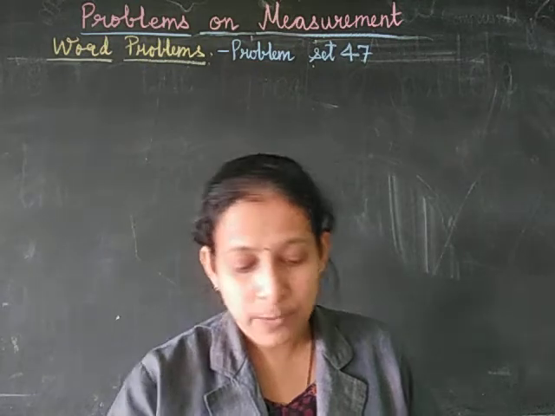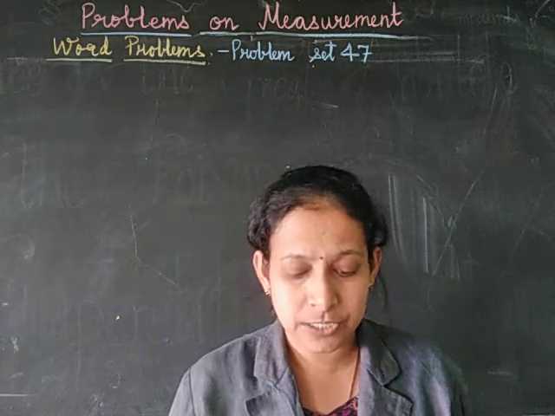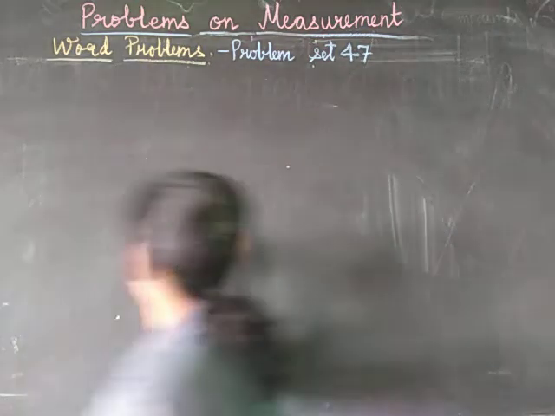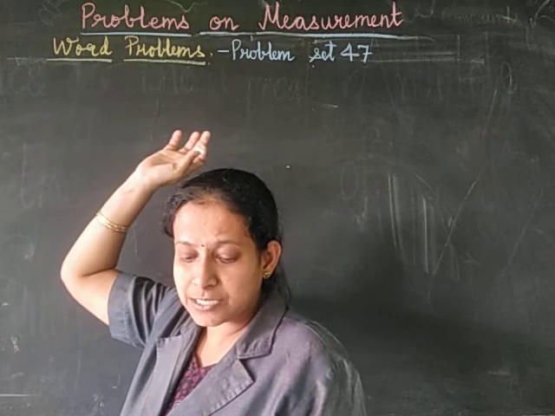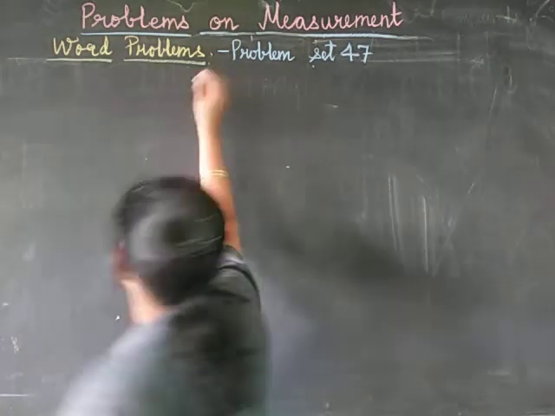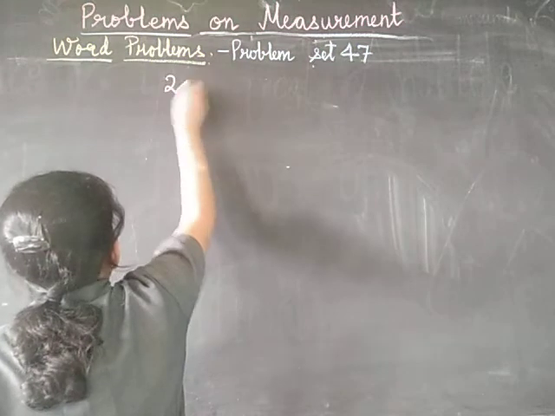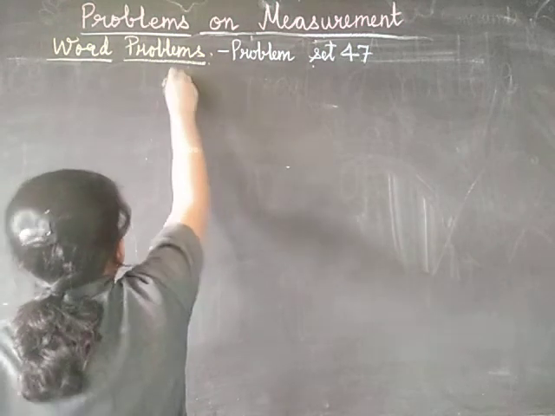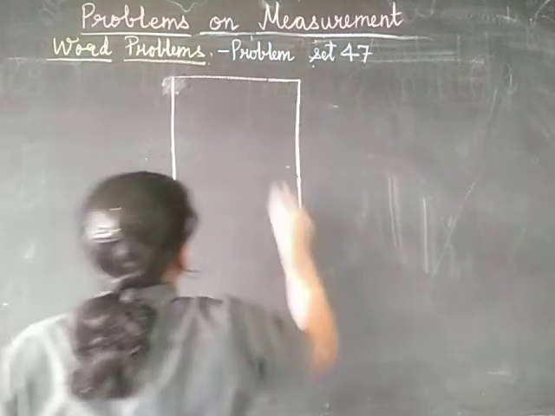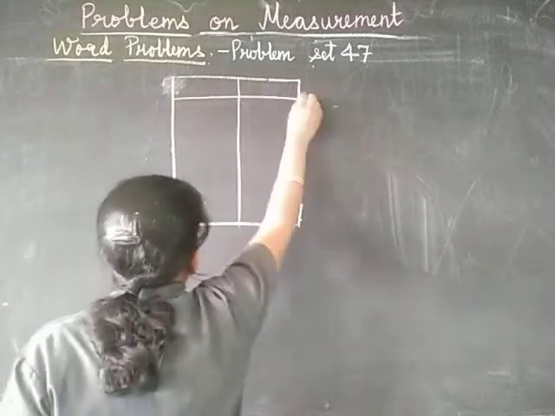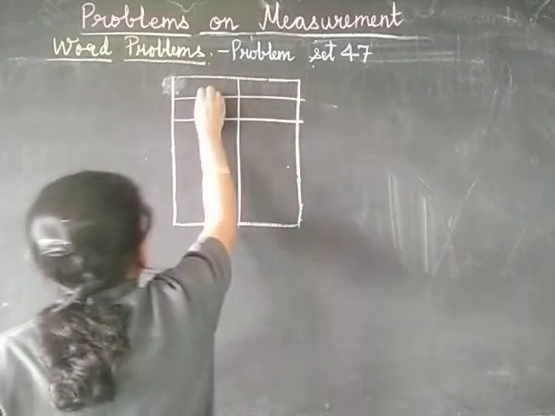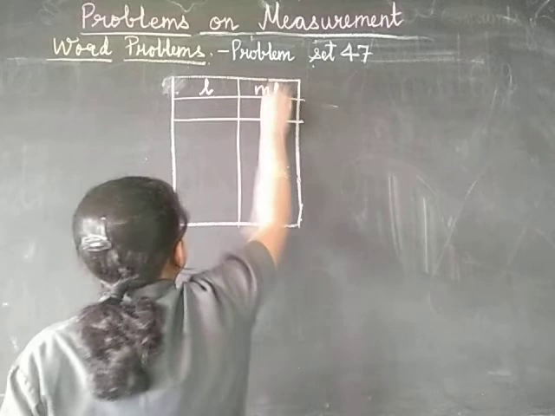Let's begin now by writing this down and solving. So we will solve this way. You draw the columns like this: here you write liters, here you write milliliters.